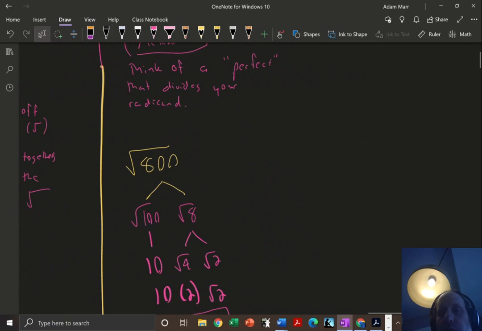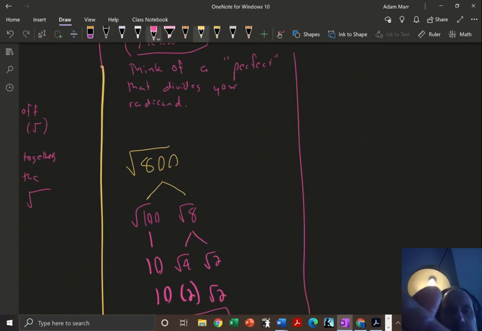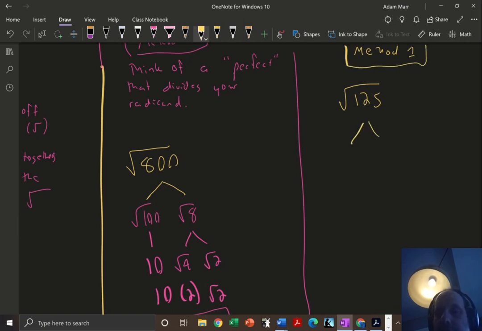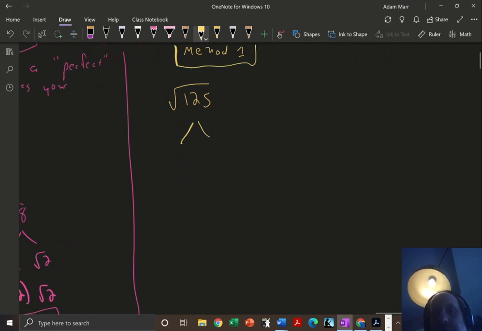Just showing one more example. Let's say we have the square root of 125. Method 1, again, you're just thinking of any old two numbers that go into 125.